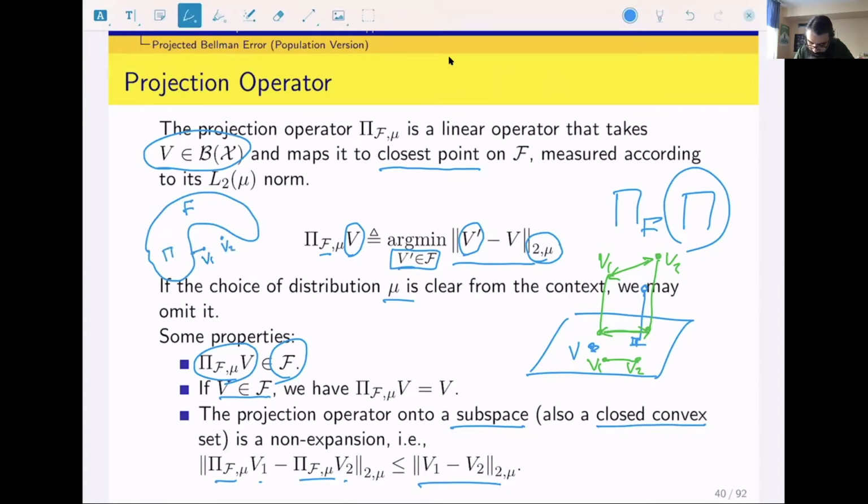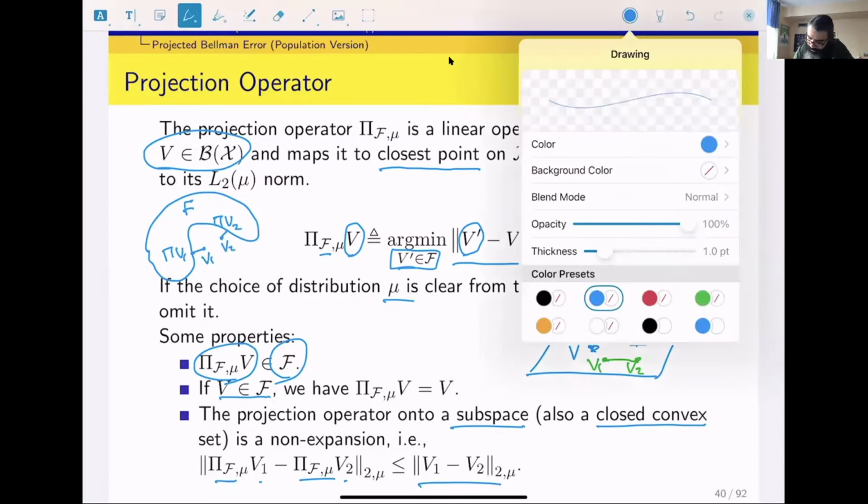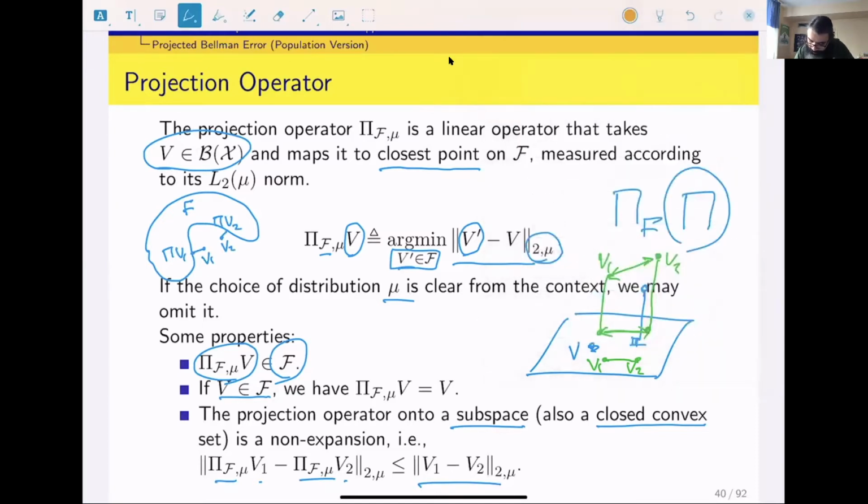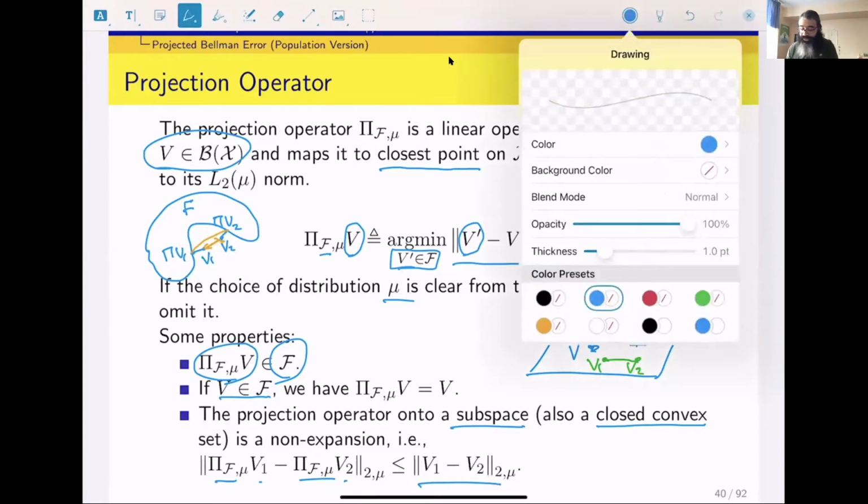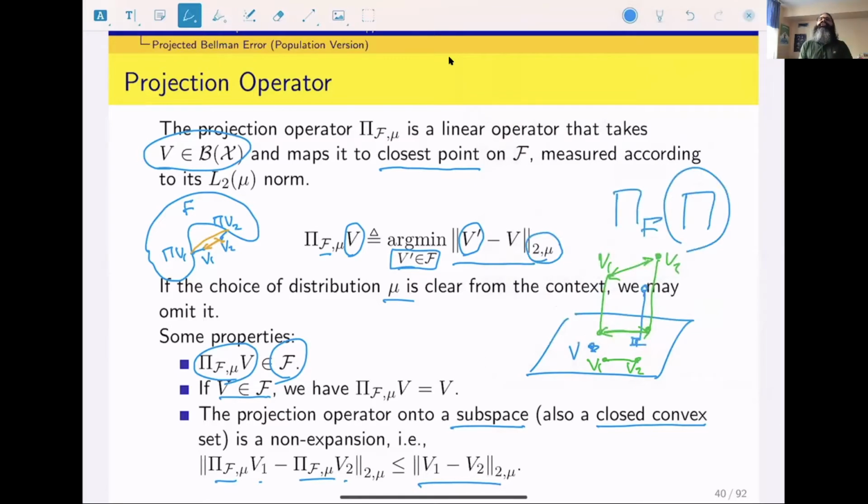So this would be pi of v1, and this would be capital pi of v2. So you see the distance between them. Originally it was like this, but now after projection, it becomes a larger distance. So if it is not convex, this does not hold. Here, I think we always talk about linear function spaces when we talk about projection. So projection looks like something that I have here.